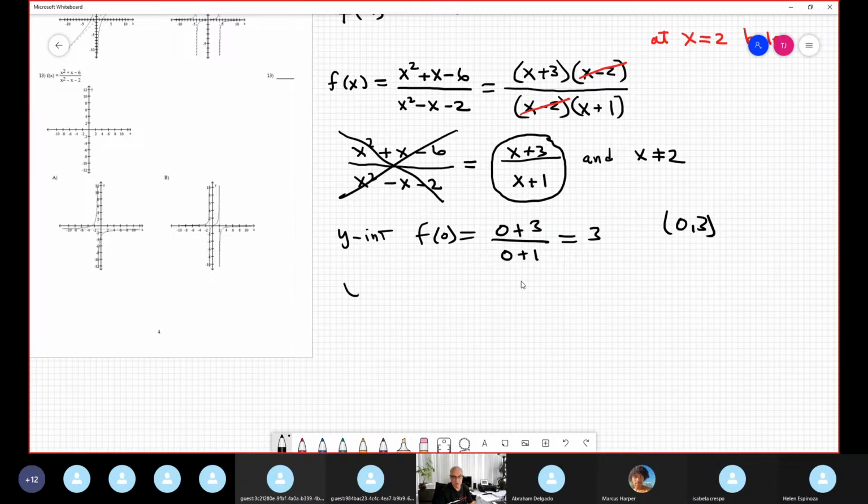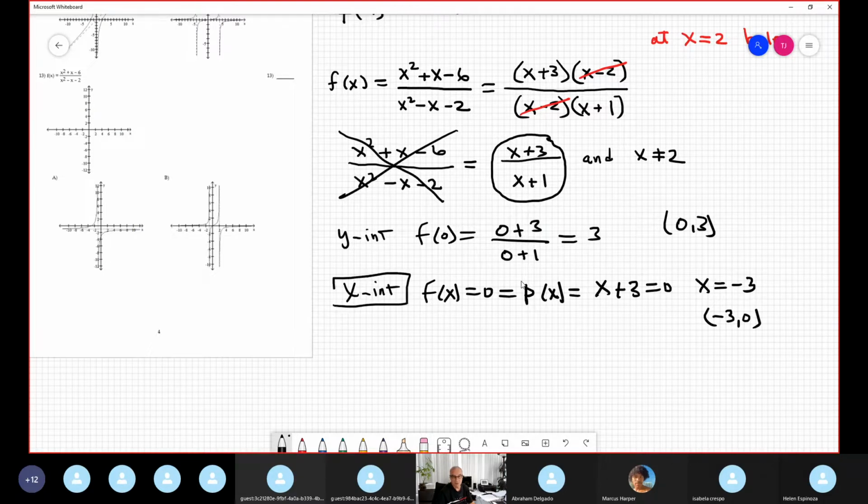Okay, X-intercept, exactly the same. F of x equal to 0 is equivalent to P of x equal to 0. And who is P of x? X plus 3 equal to 0. X is equal to -3. Therefore, the point (-3,0) is our X-intercept. Only one. Y-intercept is always 1 point. X-intercept may be several, depending on the degree of the polynomial.